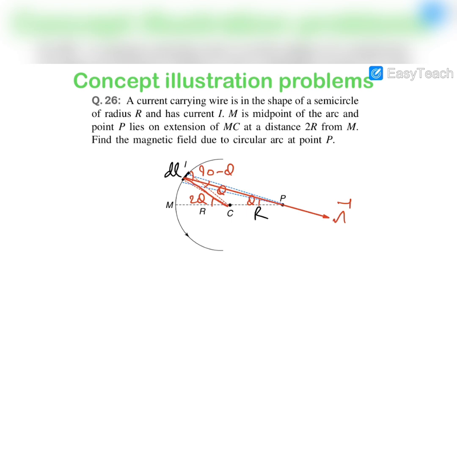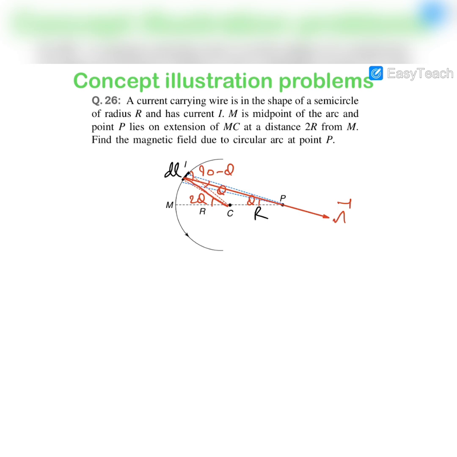So let us now write down the magnetic field at point P. Now we also know that the current is flowing like that in anticlockwise sense, so the magnetic field at point P will be outside the plane.